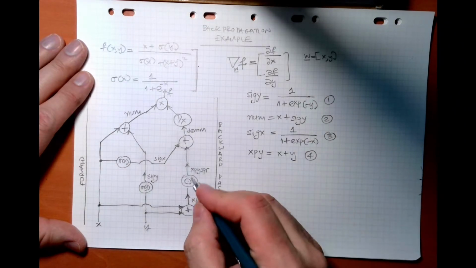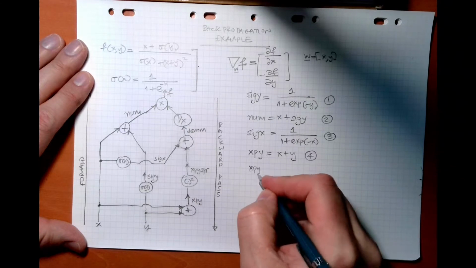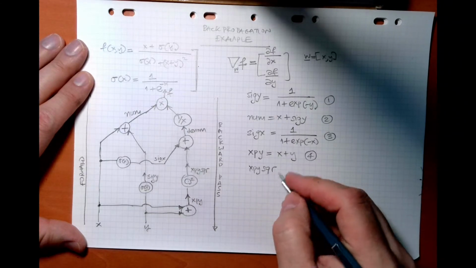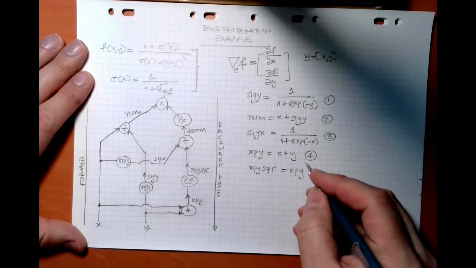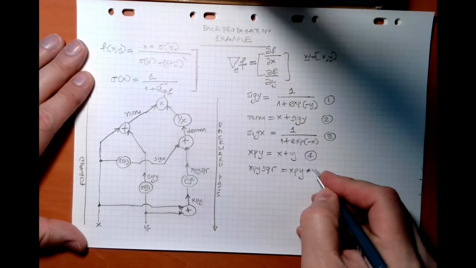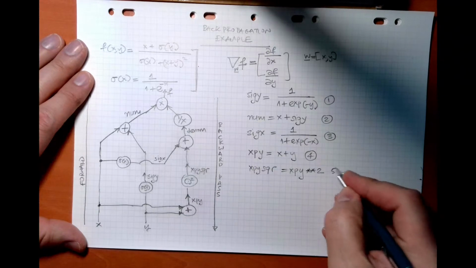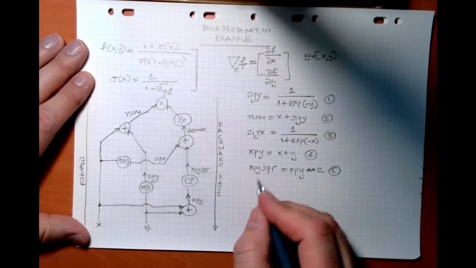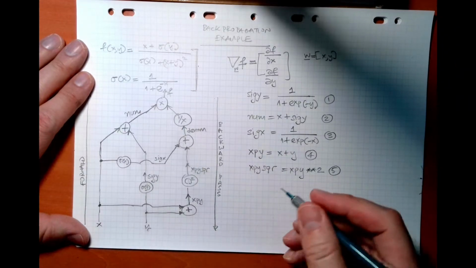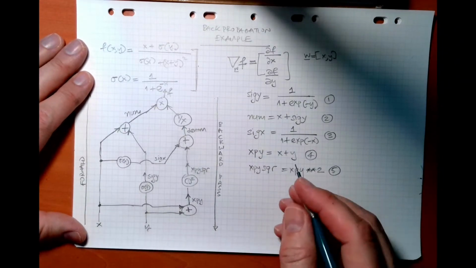We continue with squaring it: xpy sqr is xpy to the power of 2, a more programmatic way of specifying input and output variables.